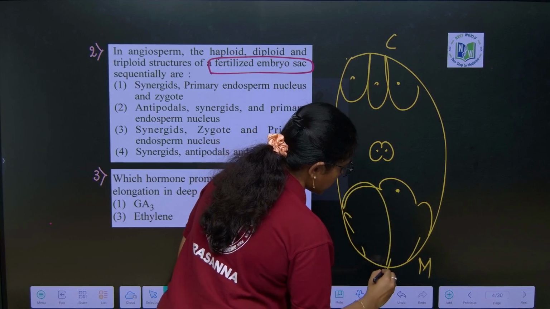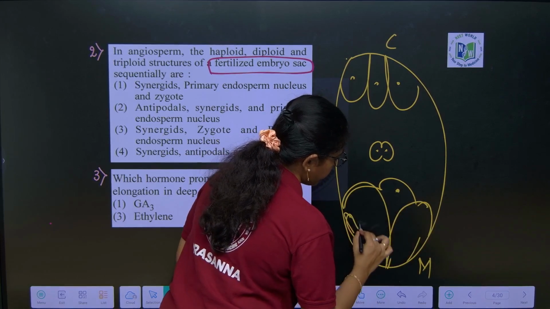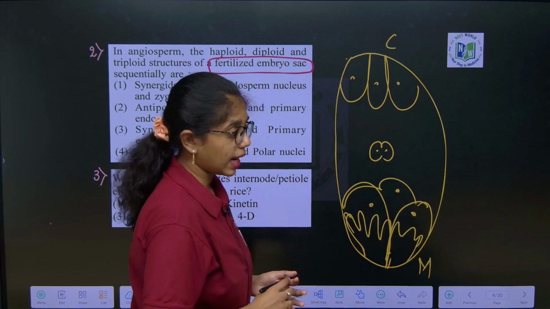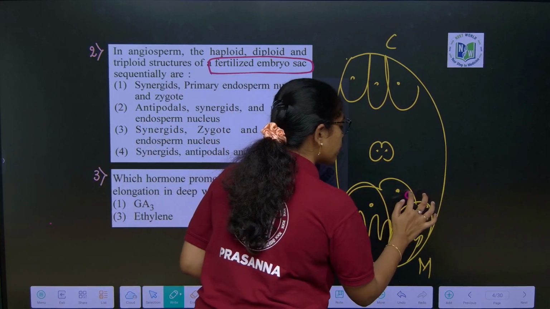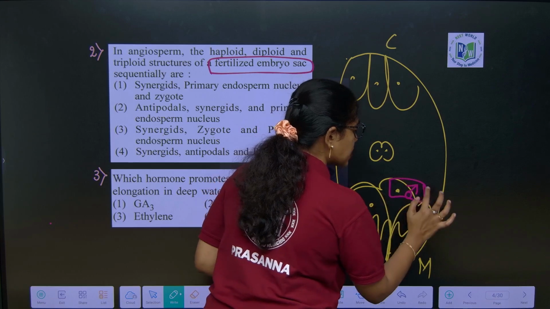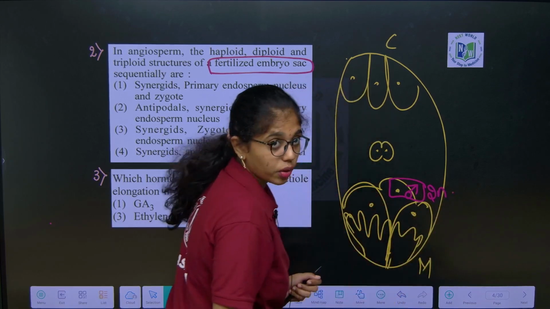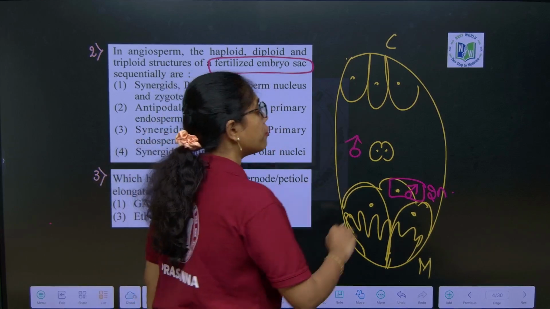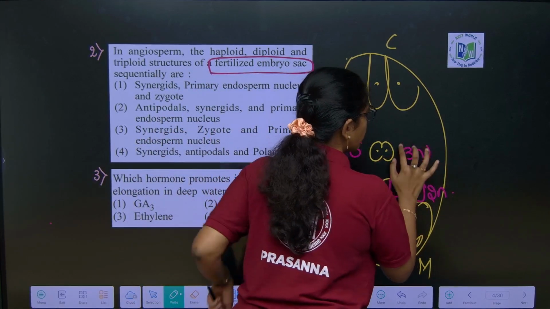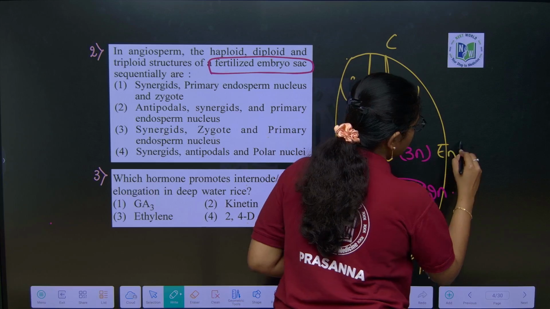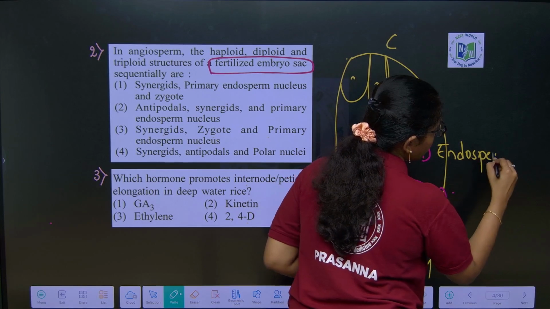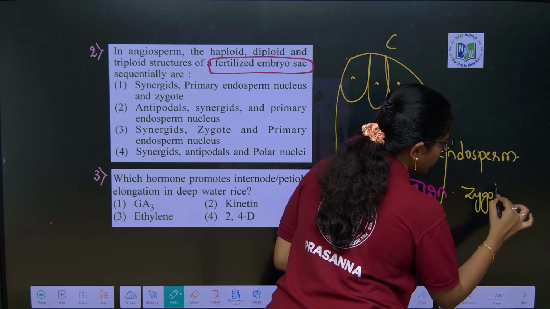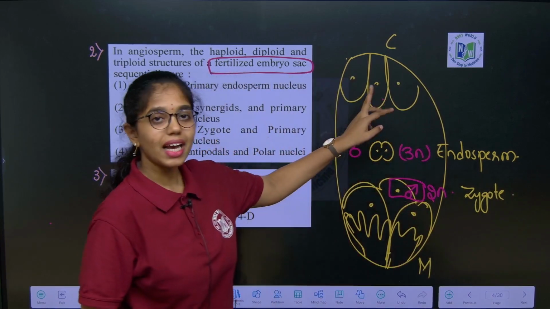So, after fertilization, one male gamete will come and fuse with the egg cell forming diploid zygote. One male gamete will come and fuse with the polar nuclei forming triploid endosperm, and this is a diploid zygote. Okay, and antipodals are haploid.